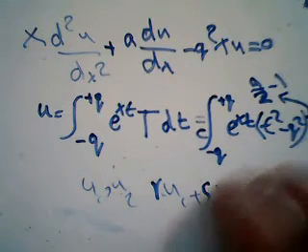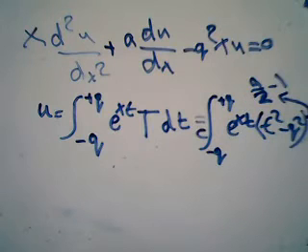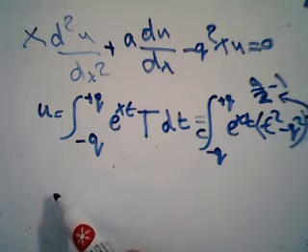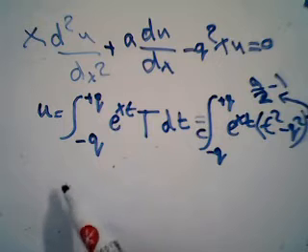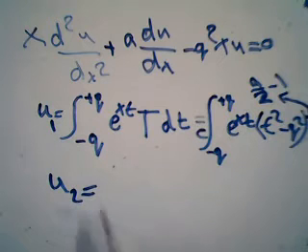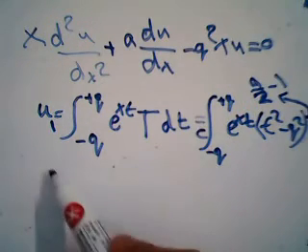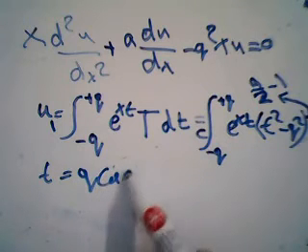But we should find another solution in order to find the general solution, and I'm not gonna talk more about that, but this would be equal to, let's call it u1, and this u2 would be, before that, let's take t to be q cosine theta.